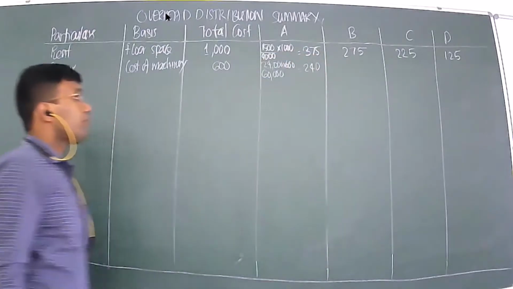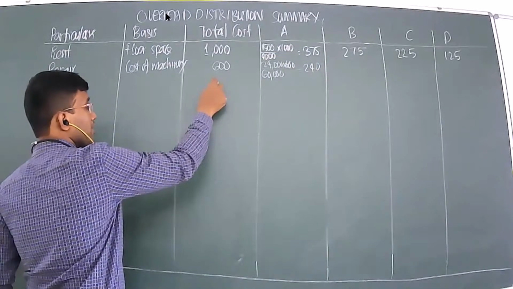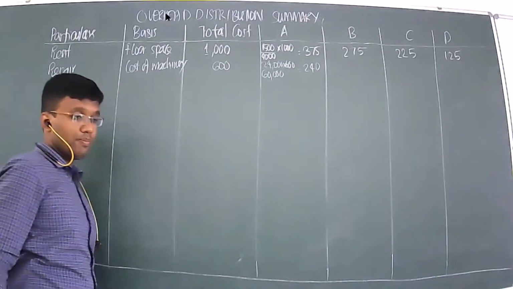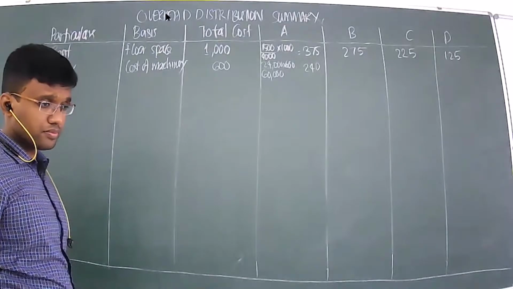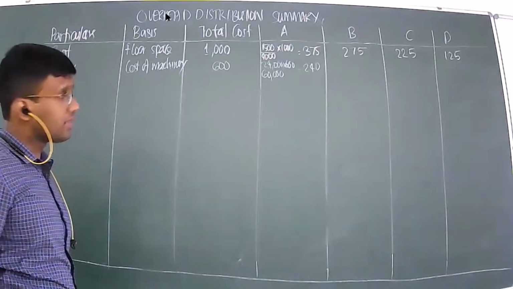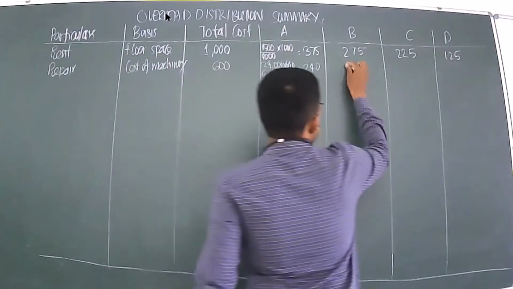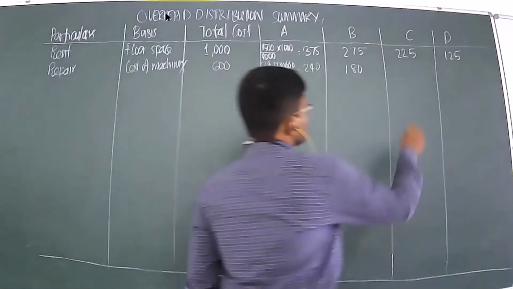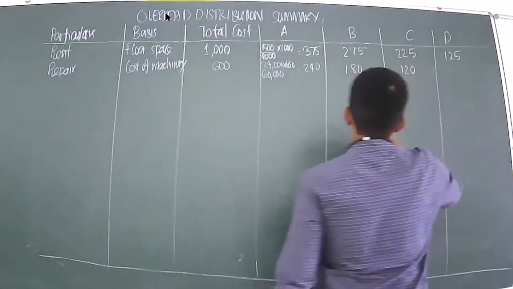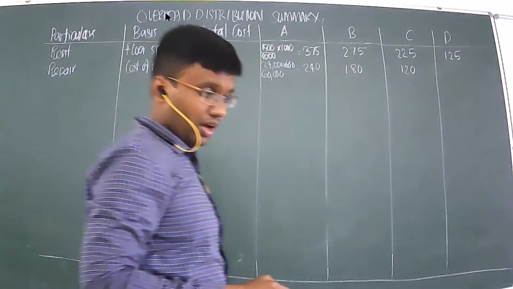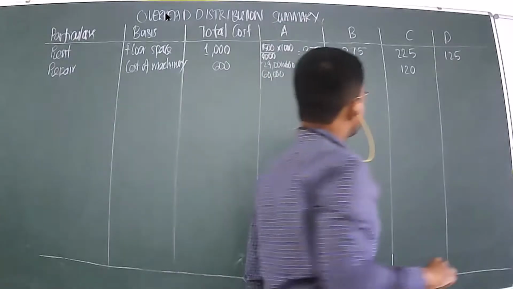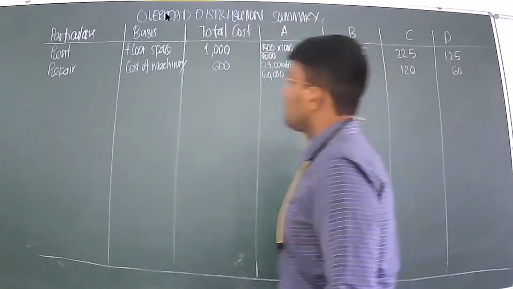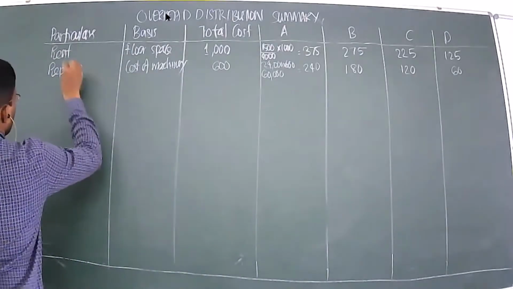So what does 240 signify? Out of a total repair cost of 600 rupees, department A's contribution will be 240. The next one is 180. Then this is 120, and finally the last one is 60. So this is how repairs would be getting apportioned.